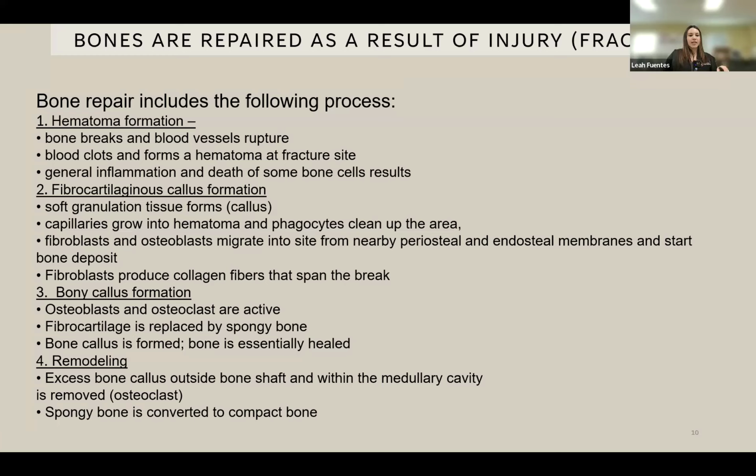And then fibroblasts and osteoblasts migrate into the site from the periosteal and endosteal membranes and start bone deposit. And then those fibroblasts produce collagen fibers that span the break.